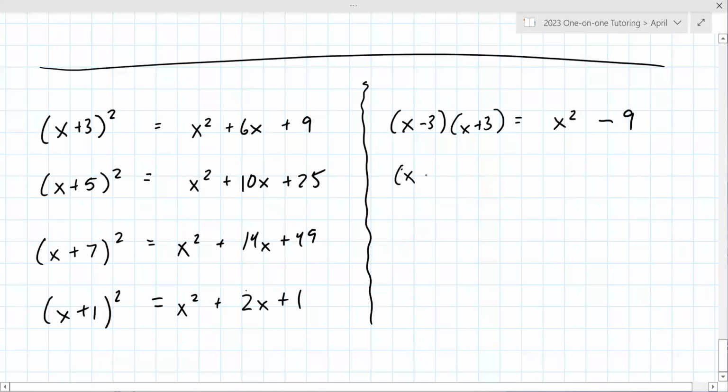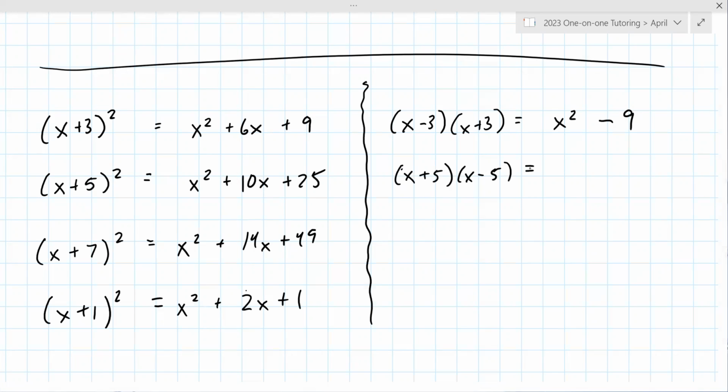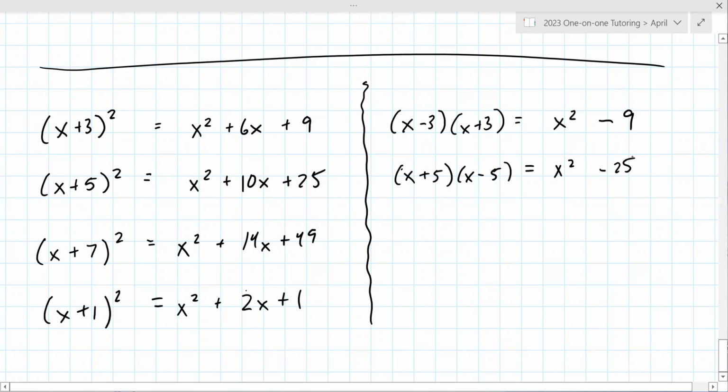Yeah. How about x plus 5, x minus 5? Again, notice the order doesn't matter. What does this become? X squared minus 10. Nope, try again. Minus 25. Okay.